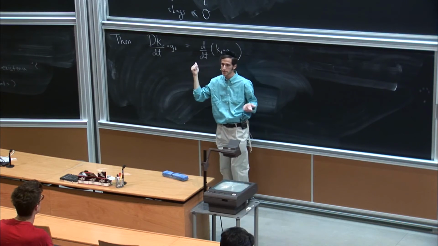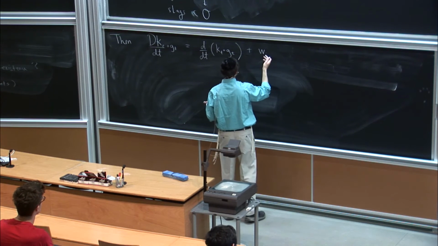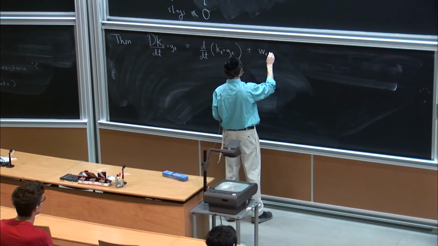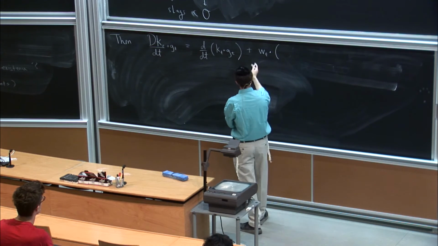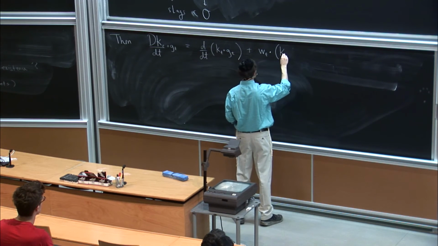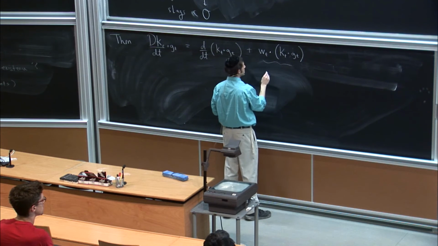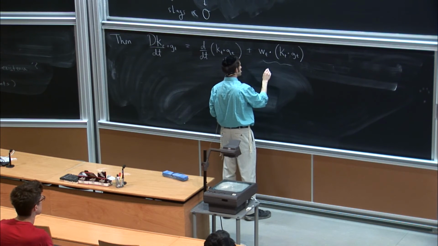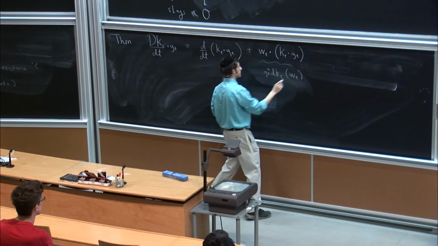That's what you expect to get for a derivative of something along a path, but that, of course, is going to depend on g_t. So we have to correct it by W_t acting on the derivative in the direction of W_t of this function, k_t composed with g_t. In other words, g_t star dk_t evaluated on W_t.